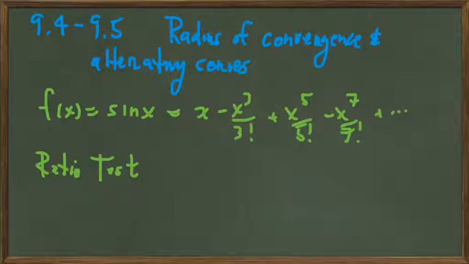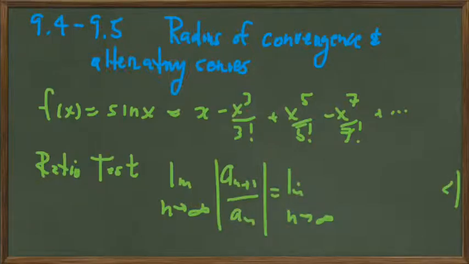So let's take the limit as n goes to infinity of a n plus 1 divided by a n, and we'll force it to be less than 1. Let's try and first characterize what a general term of this series looks like.